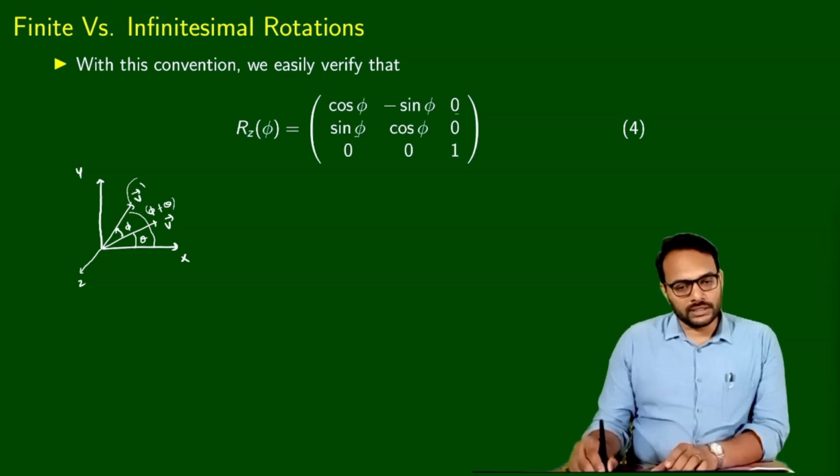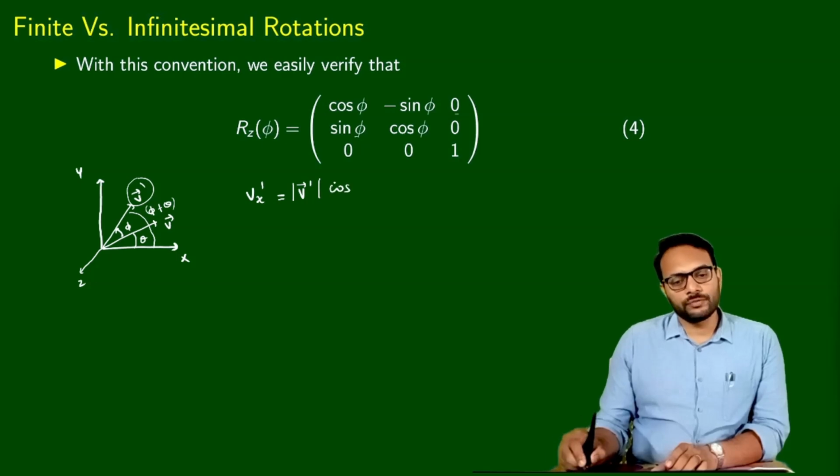Let's look at the components of v vector prime. The first component is denoted as vx prime. We know that this is equal to the modulus of v vector prime times cos of the angle between v vector prime and the x-axis, which is phi plus theta. This is cos of phi plus theta.